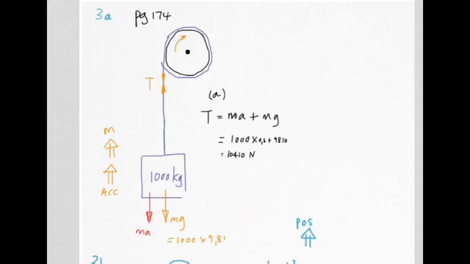And provided it is in, we can now say that equals that plus that, which is what I've done here. So we have mass times 0.6, because we were told acceleration was happening at a rate of 0.6 meters per second squared, plus mass times G, which is 9810. So the tension is 10410 newtons.